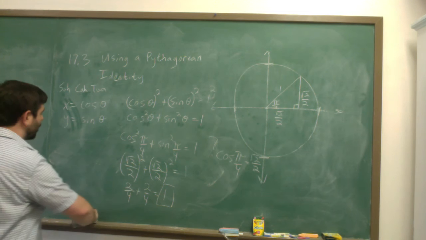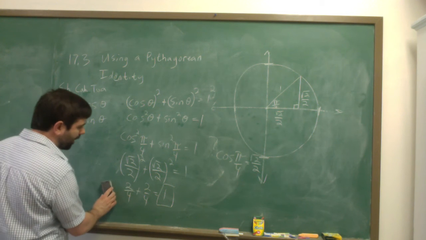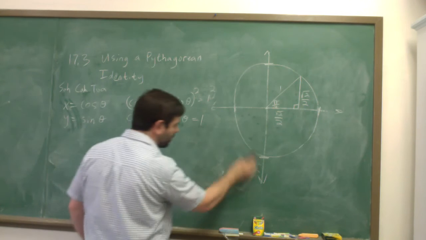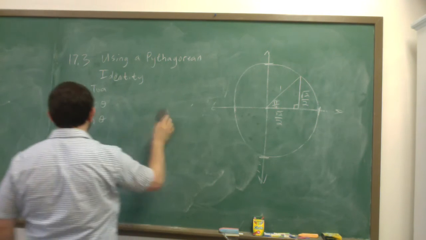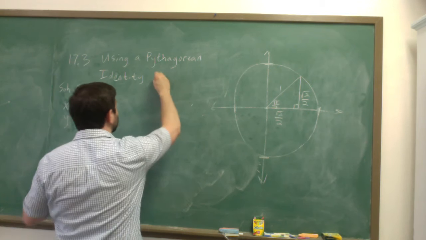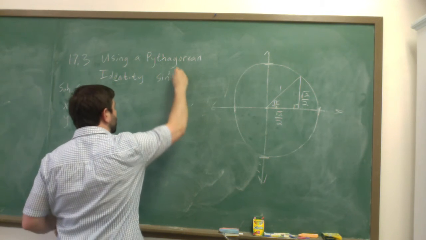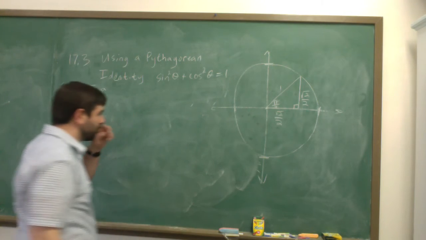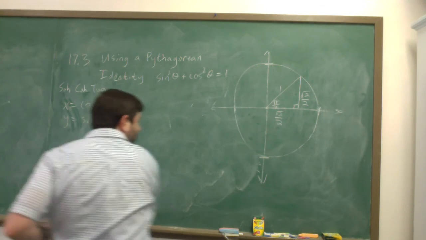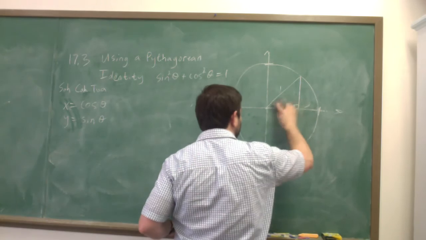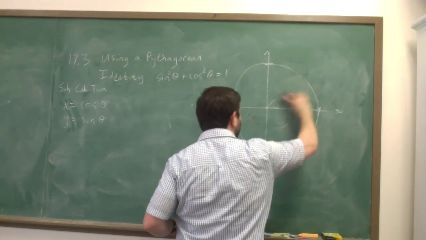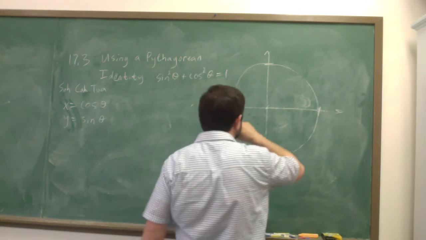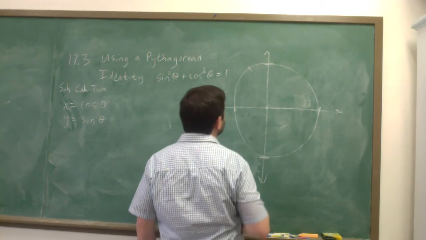Let's do one more proof here, and then you're going to have a few to prove on your assignment, at least one or two. Okay, so we're still working with sine squared theta plus cosine squared theta equals 1. And let's do a different angle here. Why don't we do this one?